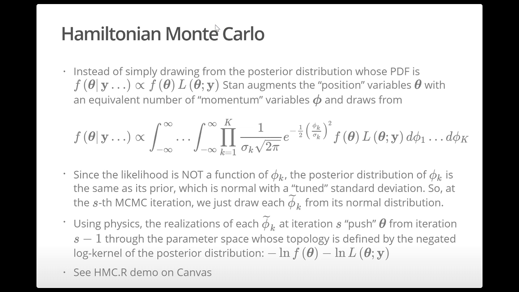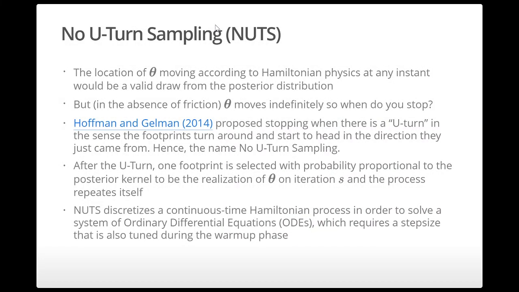In a manner of speaking, we don't know the denominator exactly, but we know how it would move. We know how it would change just based on taking the derivatives of the logarithm of the numerator with respect to theta. So it moves around like that.